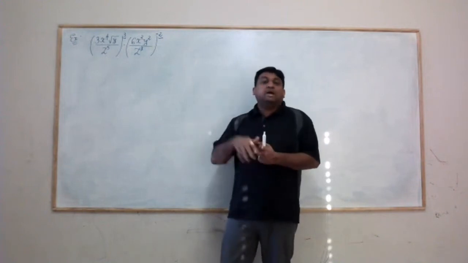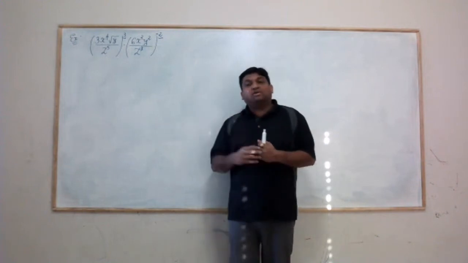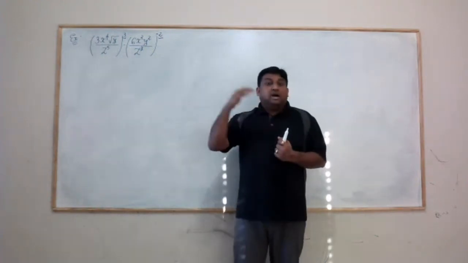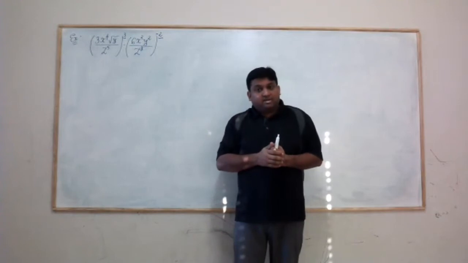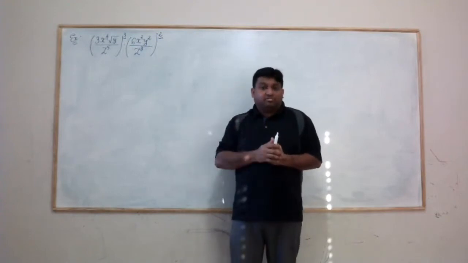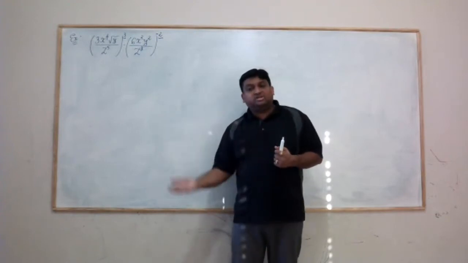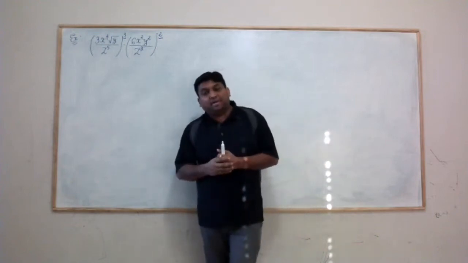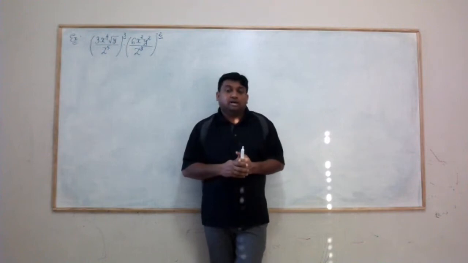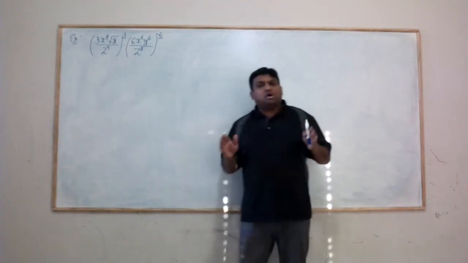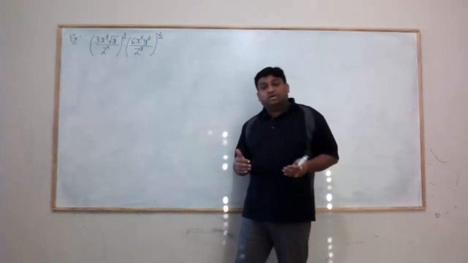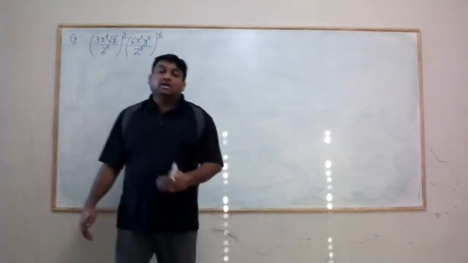Once that is done, I am going to distribute that outer exponent to every single factor of the base. I will then simplify the numbers and multiply power of powers. And then I'll shift everything into the numerator. I will simplify all the powers involving the exponent sharing the same base. So these are the steps that I'm going to apply in order to solve this particular example.